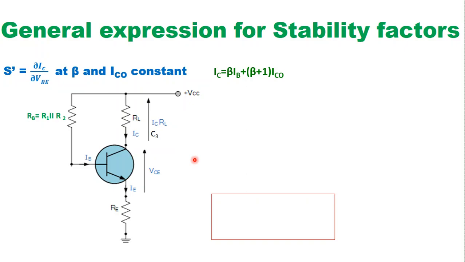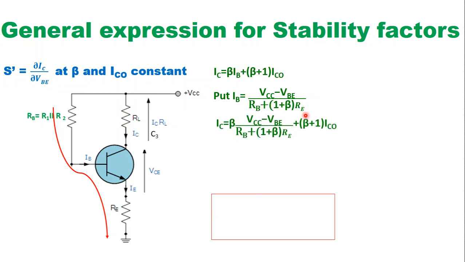Applying Kirchhoff's voltage law in the base loop, we get the IB current equation like this. IB is equal to VCC minus VBE upon RB plus 1 plus beta RE. After putting this value of IB in the above equation, we get IC is equal to beta times VCC minus VBE upon RB plus 1 plus beta RE, plus beta plus 1 into ICO.